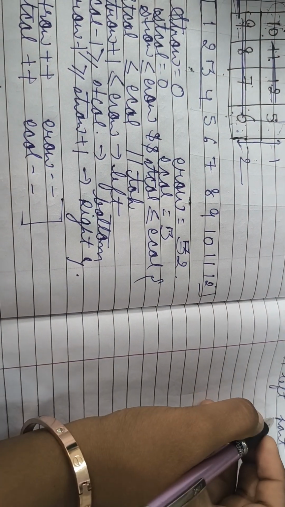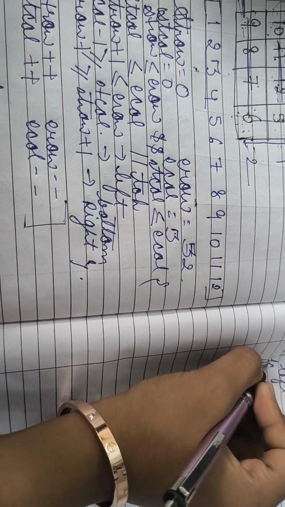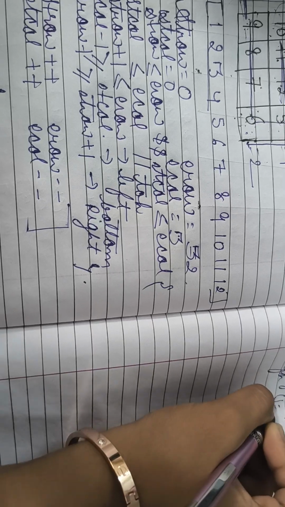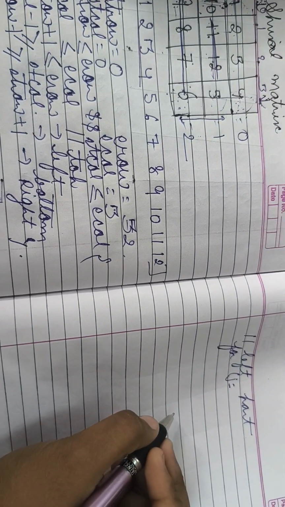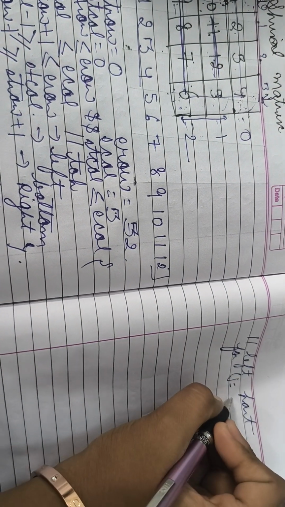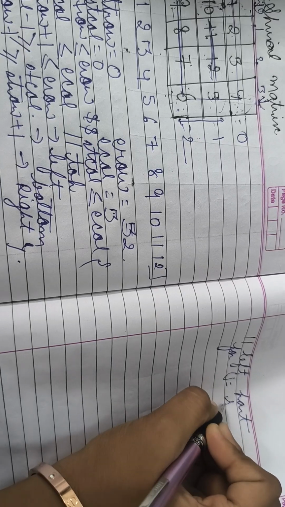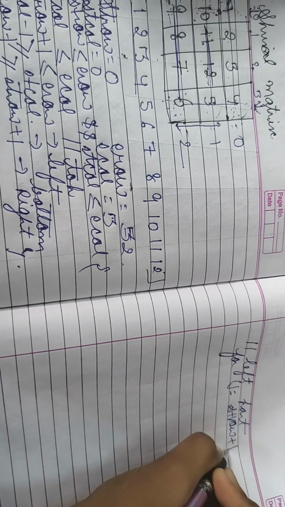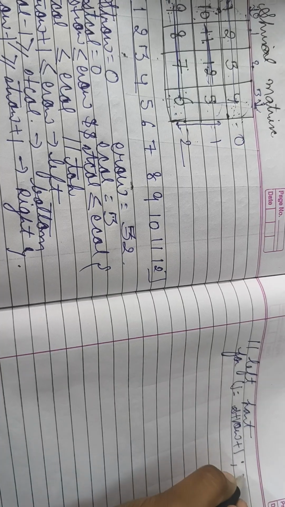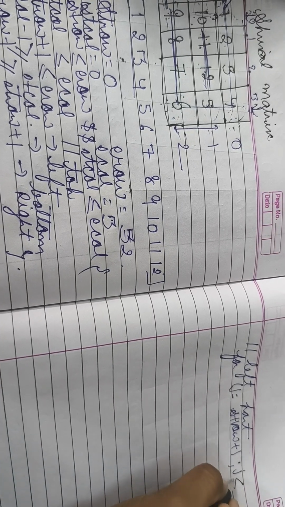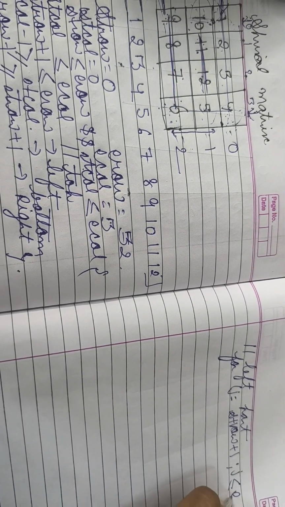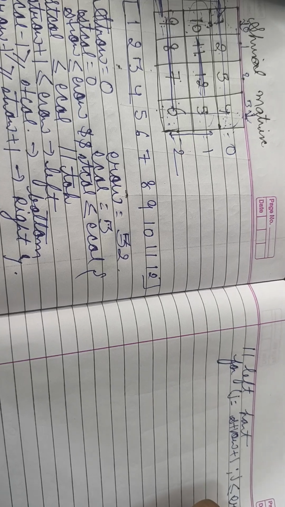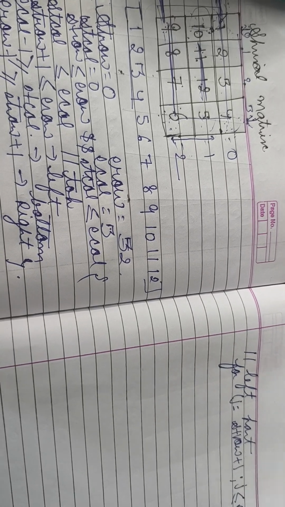So for that case, we are again going to apply the for loop, where j is going to be equal to starting row plus 1, and j will be smaller than or equal to ending row, and j plus plus.